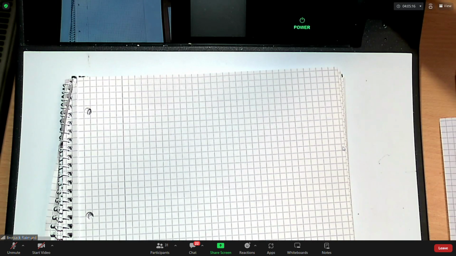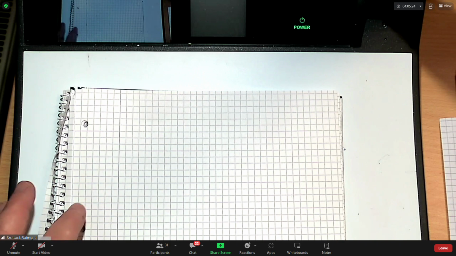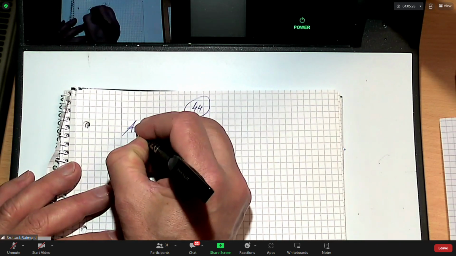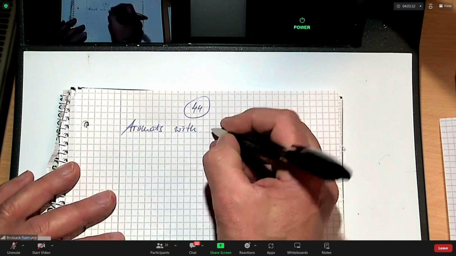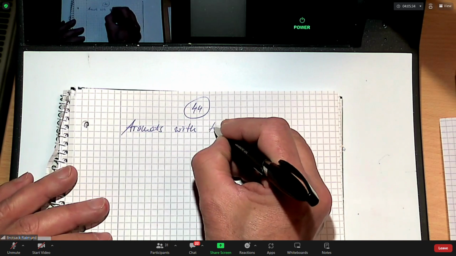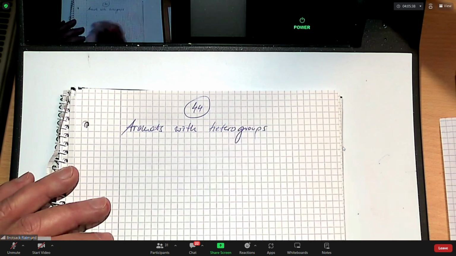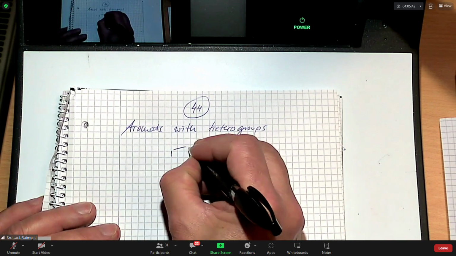In the aromats, we even have some things. I think it's 44 now. Aromats with heteroatoms or heterogroups. There is one very important molecule.